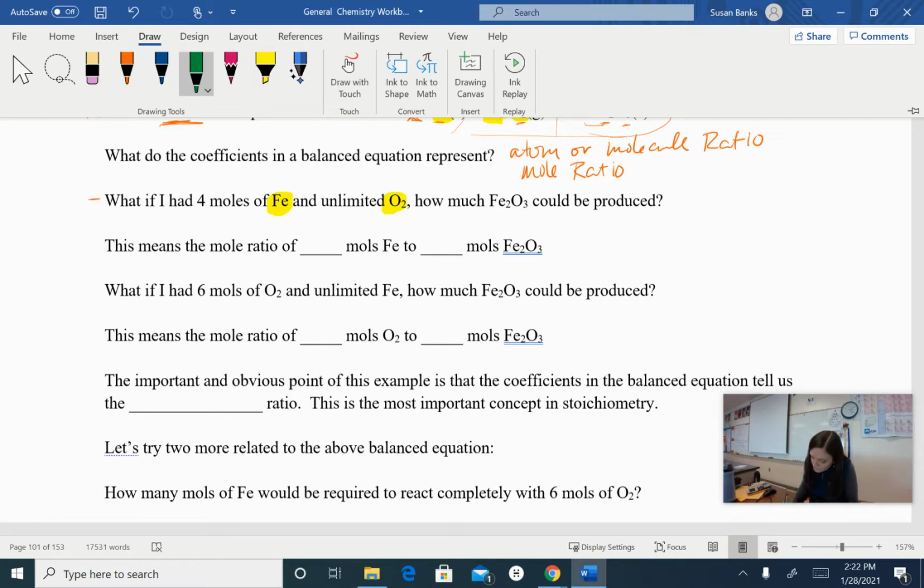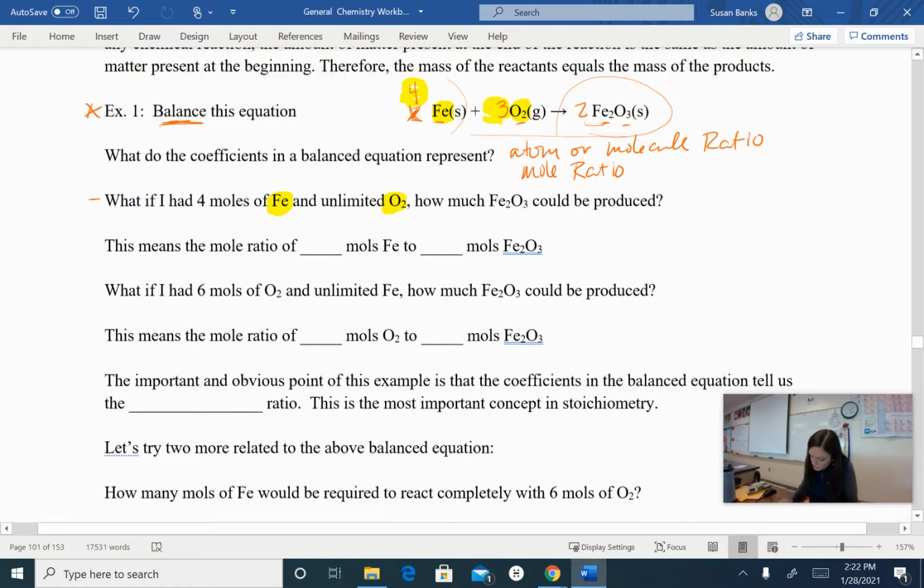So that means we have a ratio from our balanced chemical equation of 4 moles of iron to... back up.